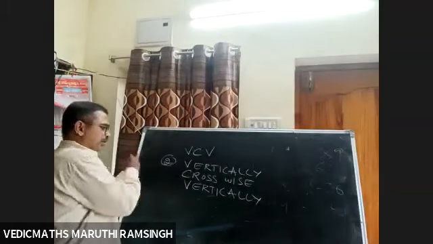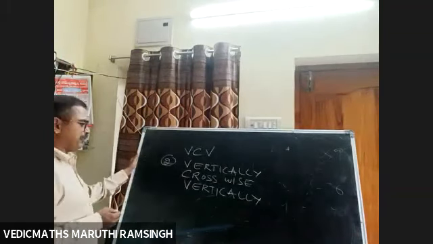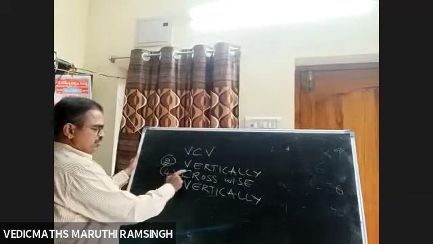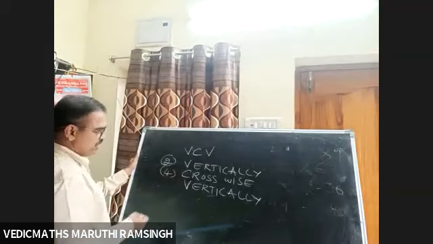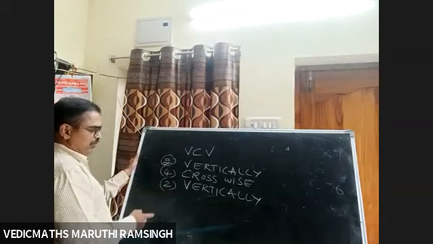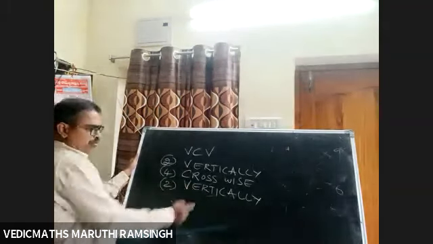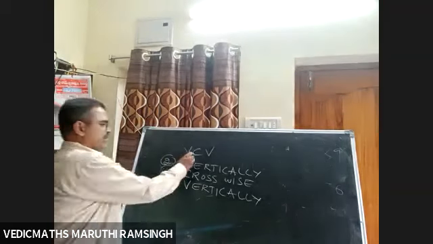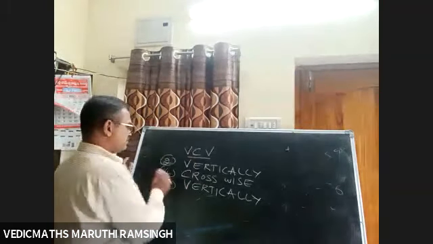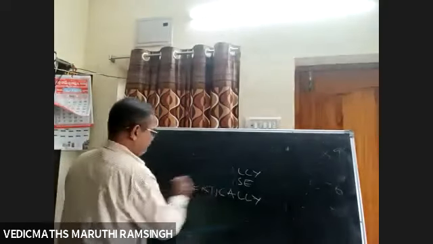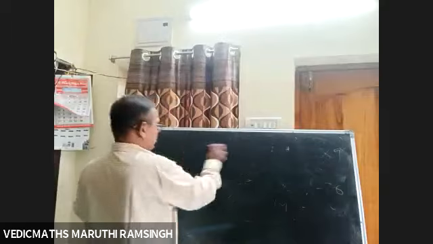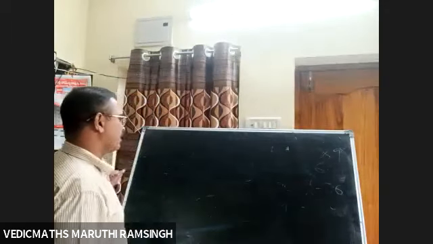Whenever we multiply two digits, we multiply vertically. When we are dealing with four digits, we multiply crosswise. Again, when we multiply two digits, we multiply vertically. So this is called VCV for better understanding of students. And we use balancing also. Yesterday we discussed balancing.